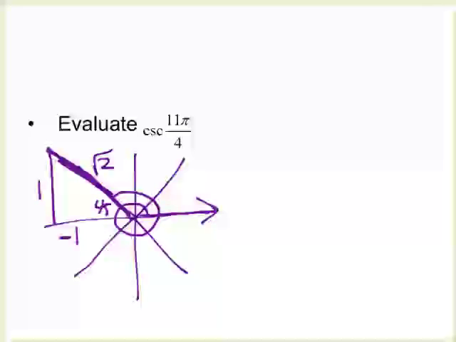So then we want to calculate cosecant. Cosecant doesn't have a SOHCAHTOA, but what is cosecant the reciprocal of? Sine. And what's the reciprocal of sine? Opposite over hypotenuse. So we're going to be working with hypotenuse over opposite.